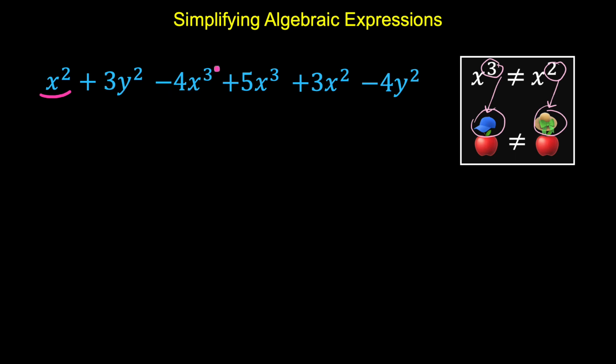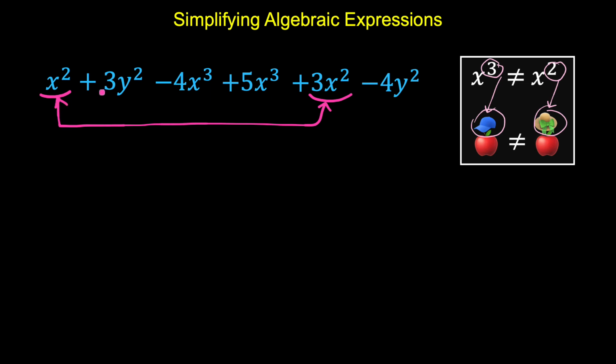Here we have x, but the power is 3, and both terms are not like terms because the powers of the variables are different. So we continue looking for another term, and here we go. This is a term with the variable and hat or power exactly like this term, so both terms are like terms.